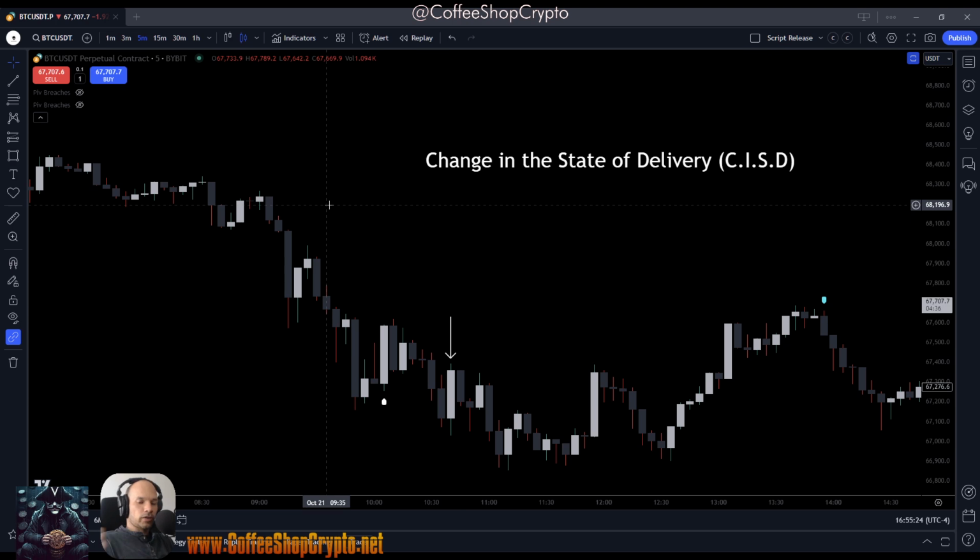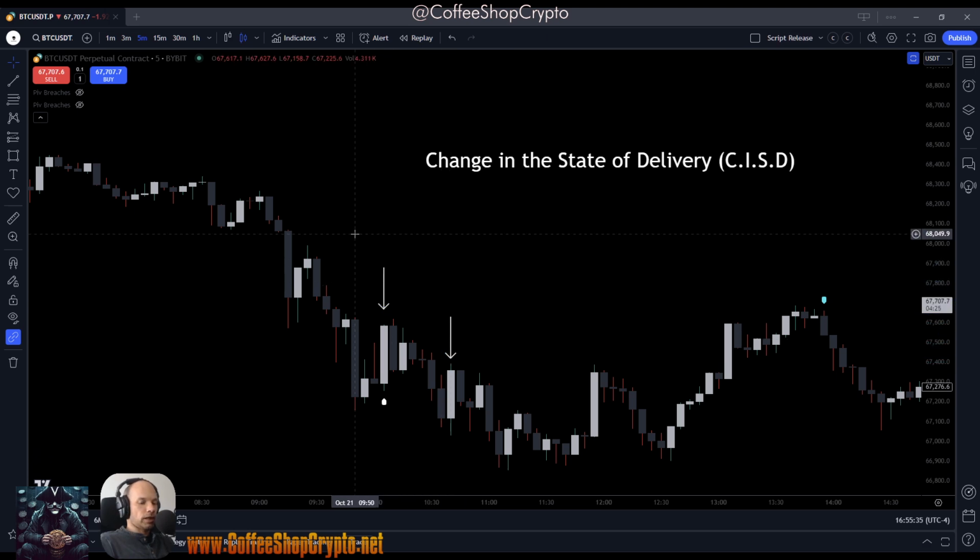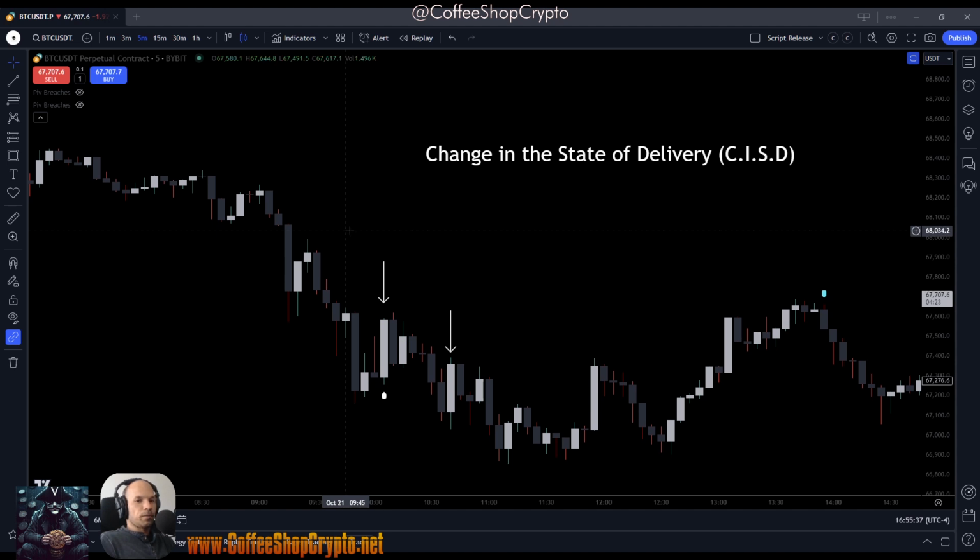In your downtrend, you should always get lower lows and lower highs. But if you get a higher high in your downtrend, don't worry about that high until you get a break of structure. All right, and I'll show you what I'm talking about.